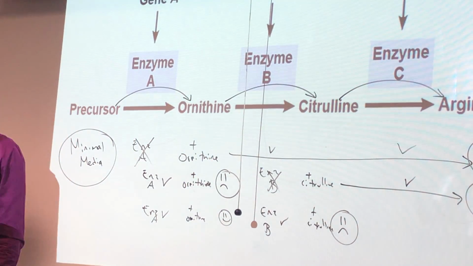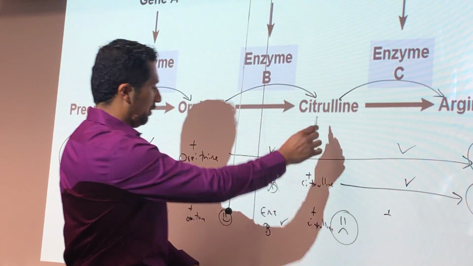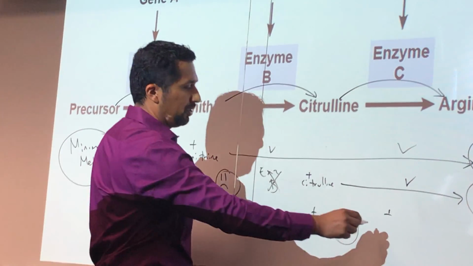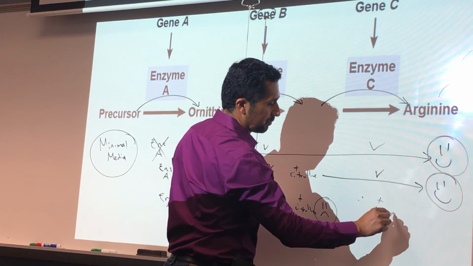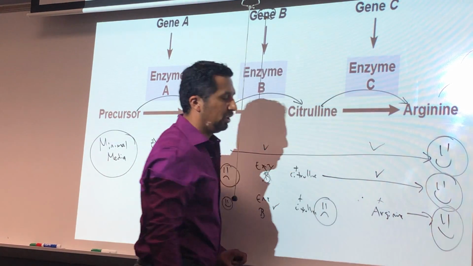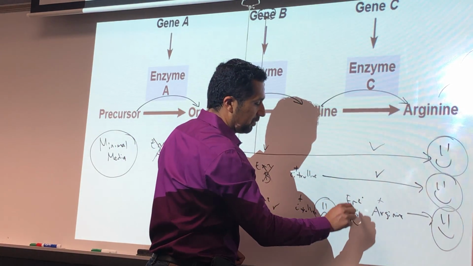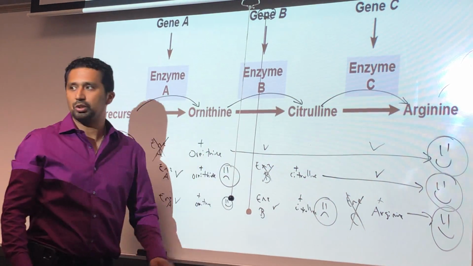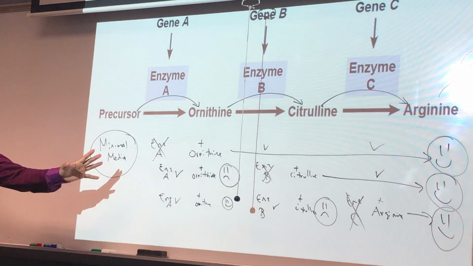That's not the problem, right? So what you do is add right here arginine, and then it's able to live and grow. So that tells you that enzyme C was the one that wasn't working. Does that make sense? Is it better?